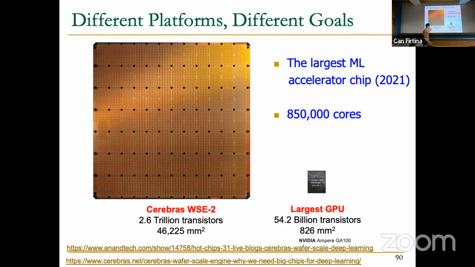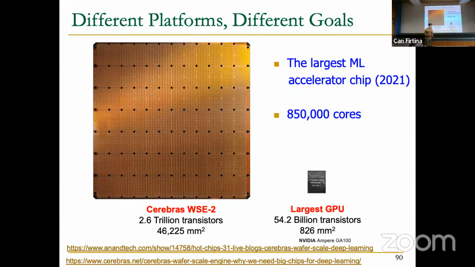And you can compare it to the largest GPU in the market right now, the NVIDIA Ampere GA100. And it's a super powerful GPU. Here we are not comparing apples to apples. It's just to show how large this is in terms of area compared to the other one. If you want to go to the equivalent of this Cerebras wafer scale engine in terms of GPUs, you will probably have to go to multi-GPU systems.